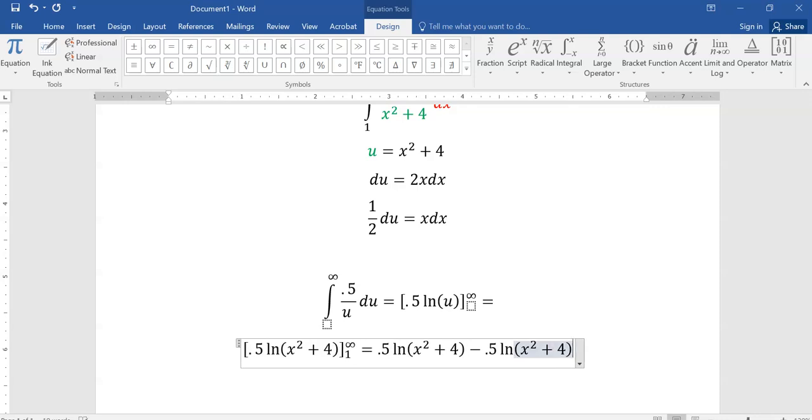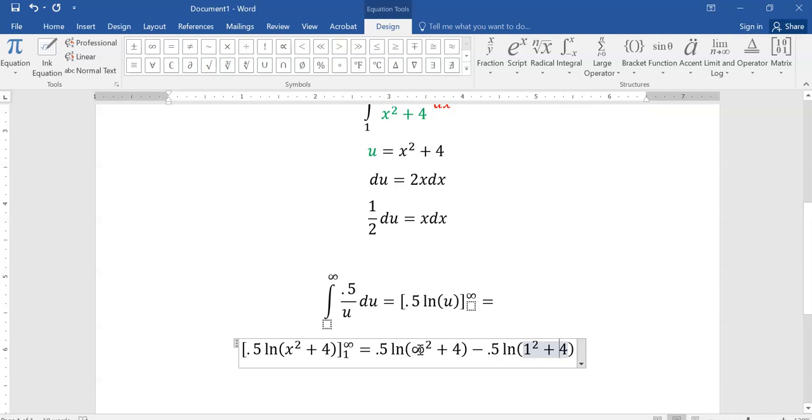So again, we're essentially going to plug in infinity here, plug in 1 there, and then evaluate it. Now, I say plug in infinity, that's sort of bad language. Again, remember, we're taking the limit as x goes to infinity.